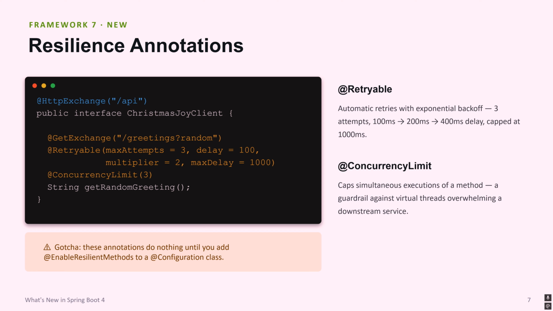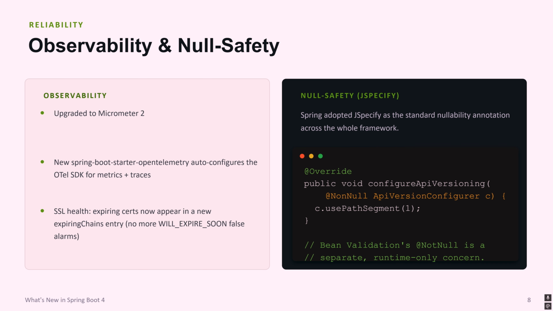This is a big thing for version 4. Actually, this is not from Spring Boot version 4, it is from Spring Framework 7, which is used for Spring Boot version 4. And one important thing here is that you have to enable resilient methods with an annotation on one of your configuration classes.